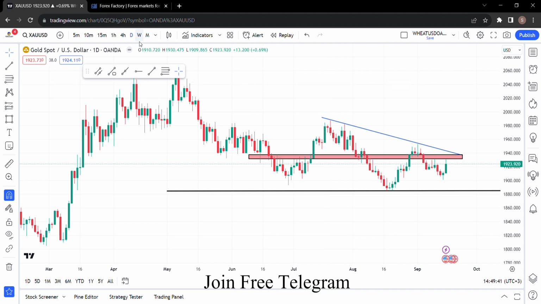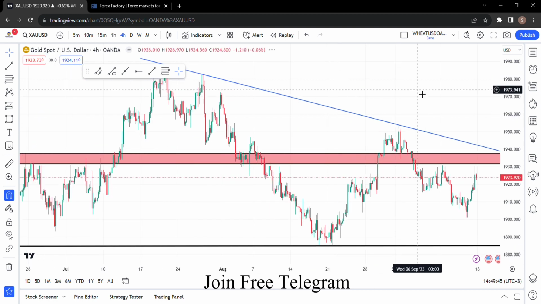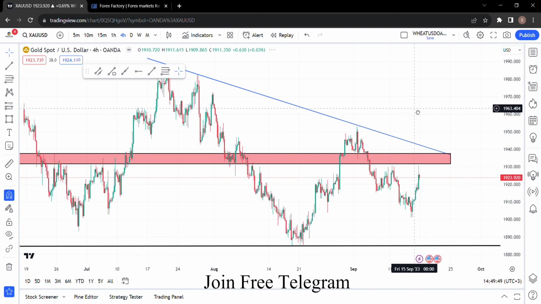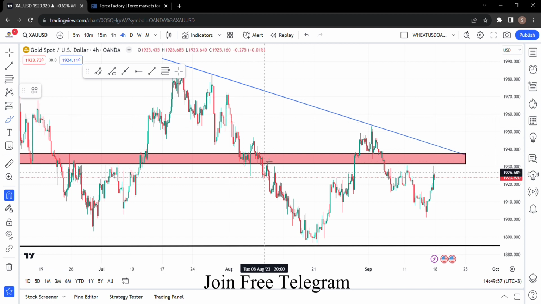Let's move to H4 so we can study the gold best. As you can see, guys, these are the simple words that I can explain to you. Many times the market rejected this area and it fell.